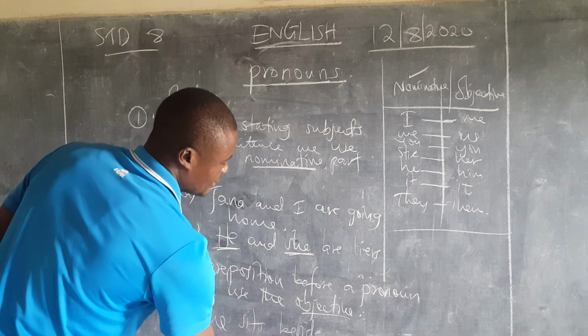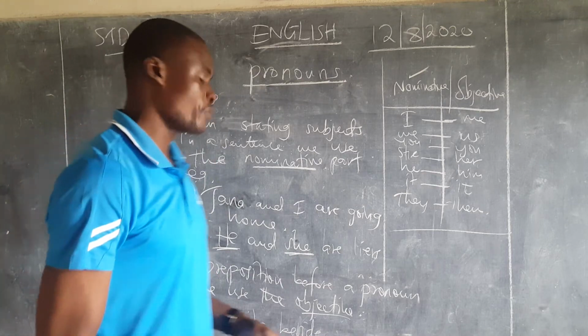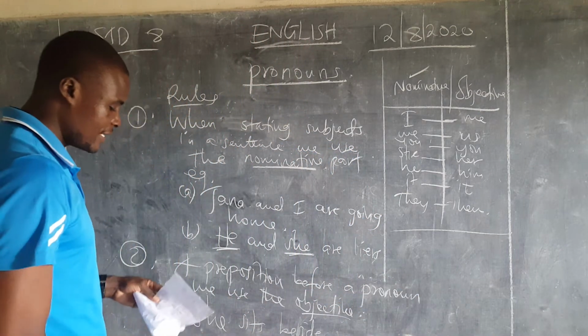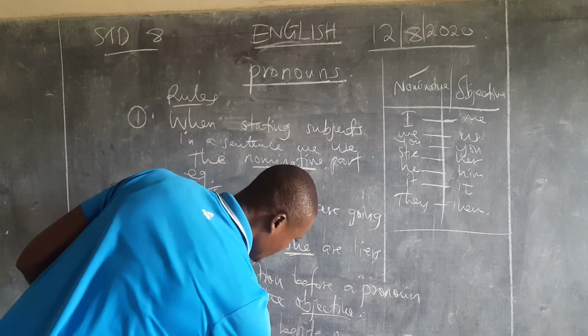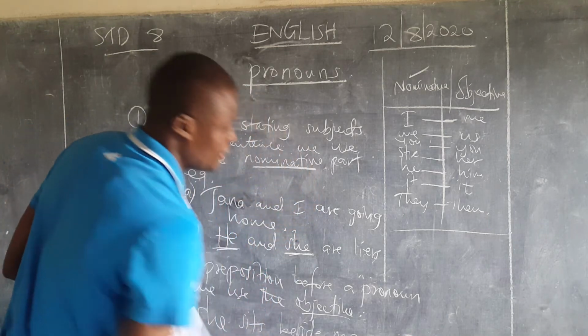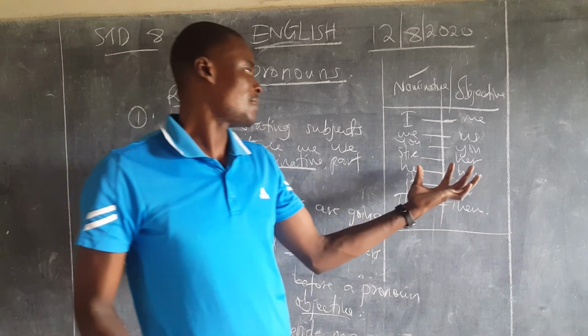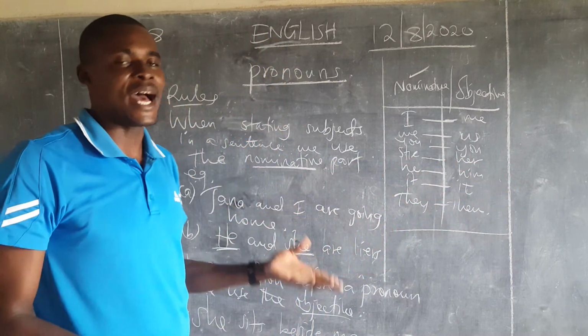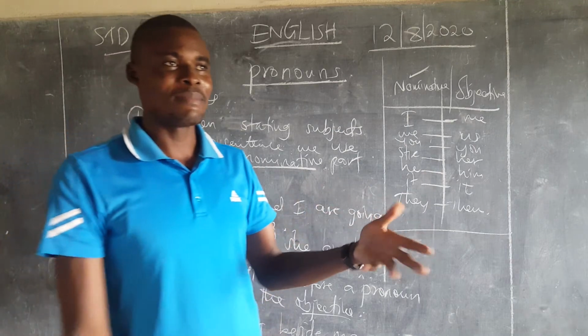Lana, you know that beside is a preposition to show next to. She sits beside me. So I use that, beside me. You can't say she sits beside her. No. She sits beside me.